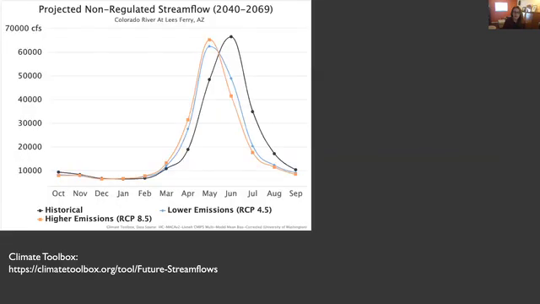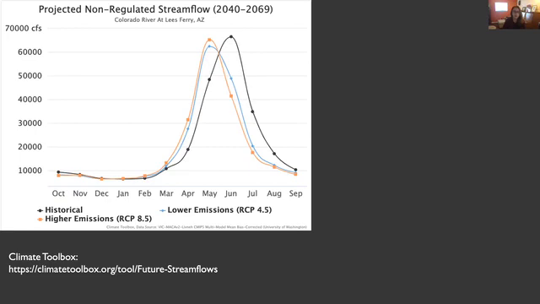And then, looking to the future for stream flow, I used the Climate Toolbox tool to plot projected stream flow at Lee's Ferry, so the same site, for the years 2040 to 2069. And so the black line here shows the historical values, and then the orange and the blue lines show 2 different future scenarios.